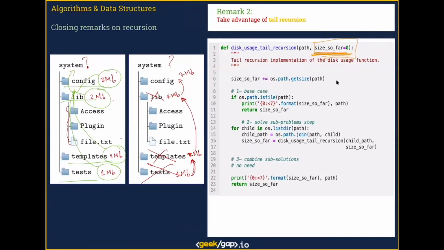So instead of doing it that way, we have this so far variable. So when I'm computing the size for a given child, I pass it as well to whoever is going to need it at the next step, so that he just adds his sum.